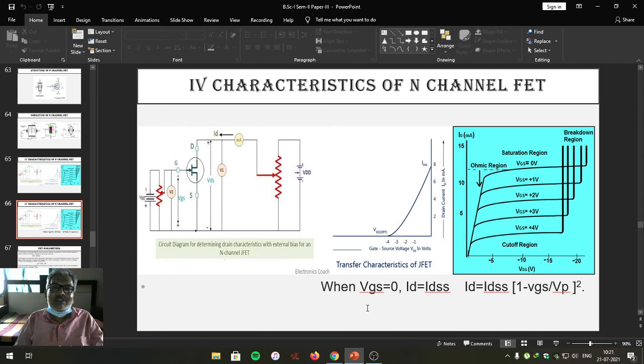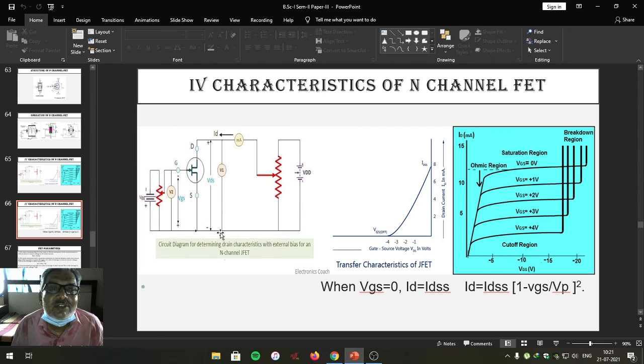Now let us explain the transfer characteristics. It is a graph of output current ID versus gate to source voltage when output voltage is constant. What to do here?